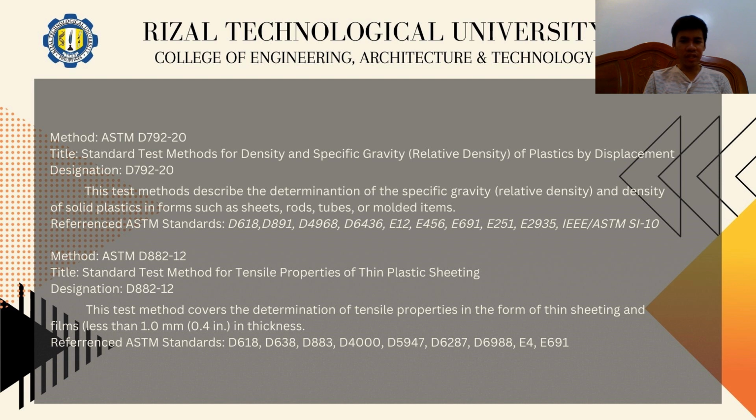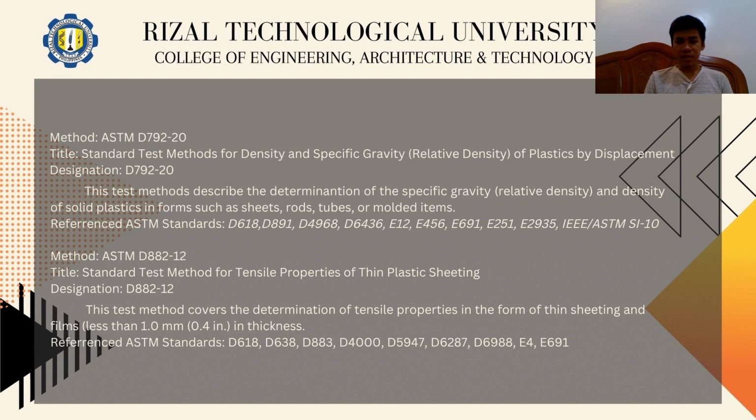Next is ASTM D882, Standard Test Method for Tensile Properties of Thin Plastic Sheeting. These test methods cover determination of tensile properties of thin sheeting and film less than 1 mm in thickness.